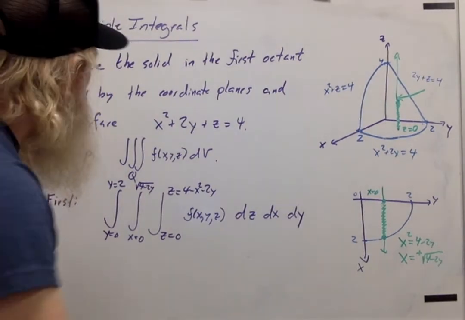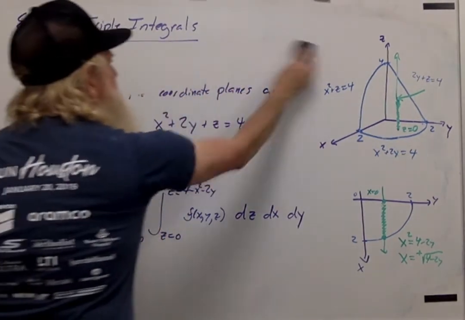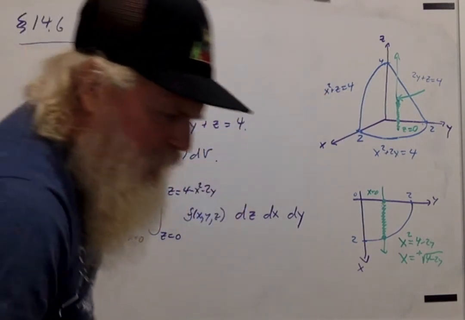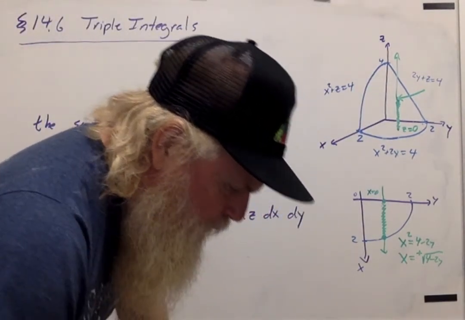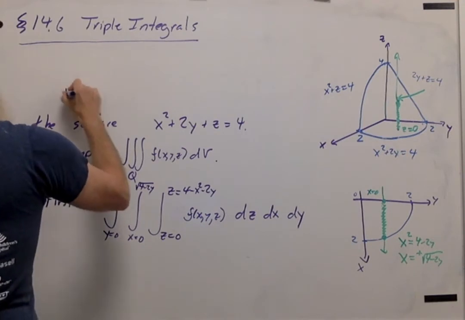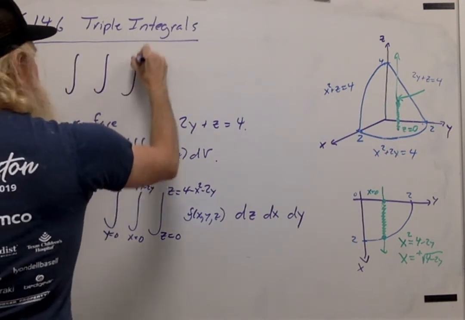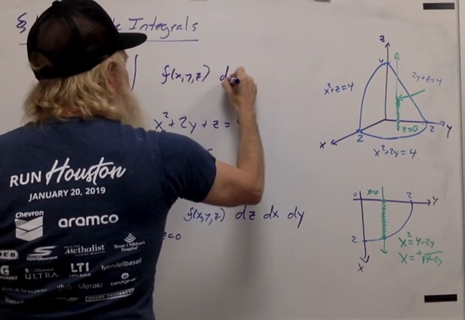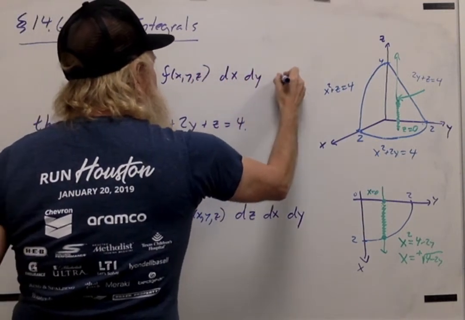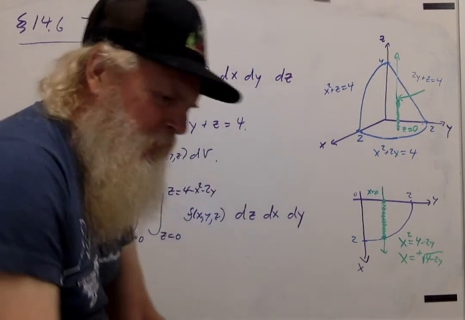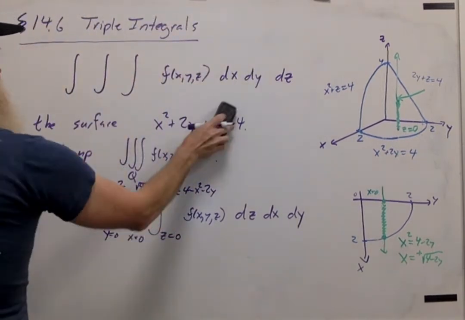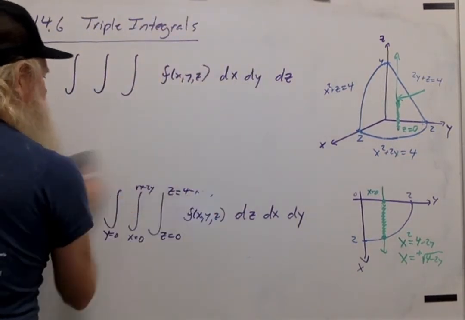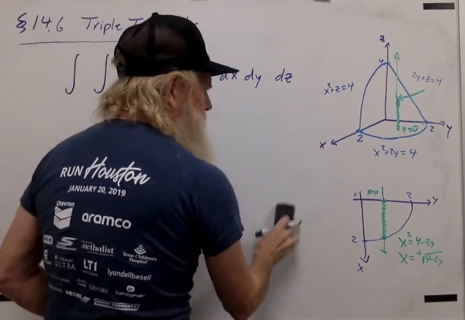Now let me ask you to set it up in the order dx, dy, dz. And while I erase and clean up the picture, you work ahead of me to see if you can figure out what the bounds are in that order.